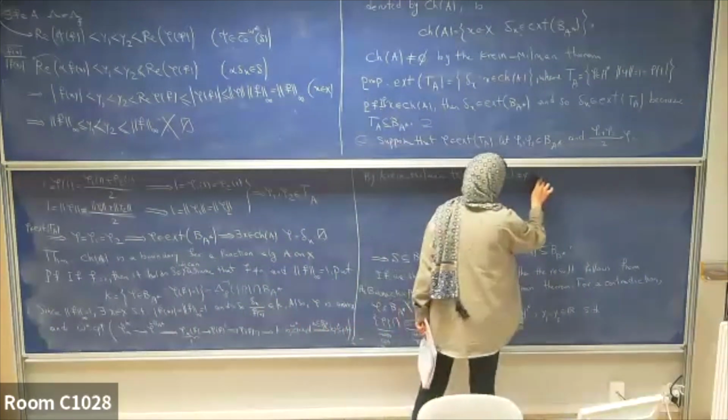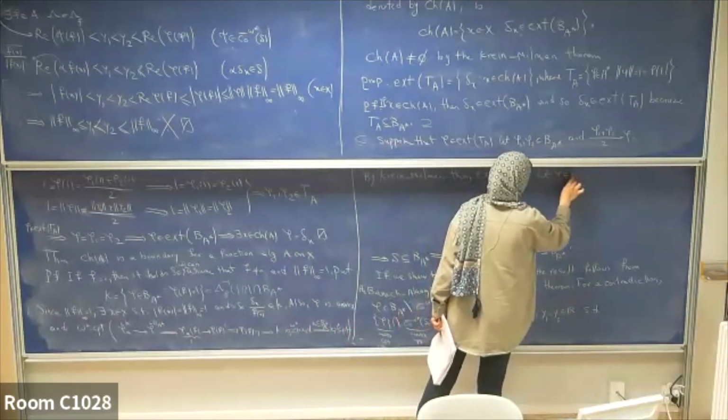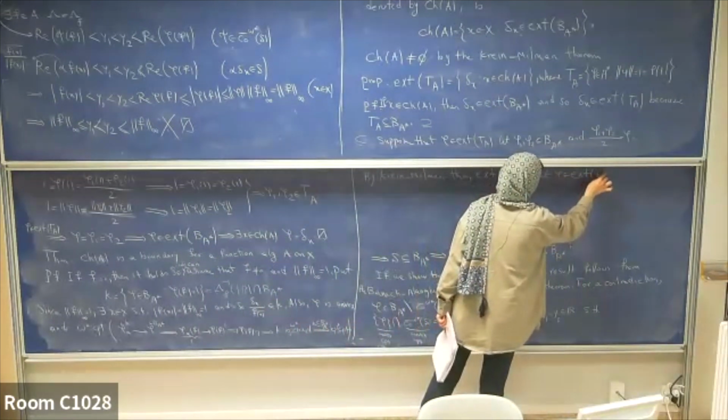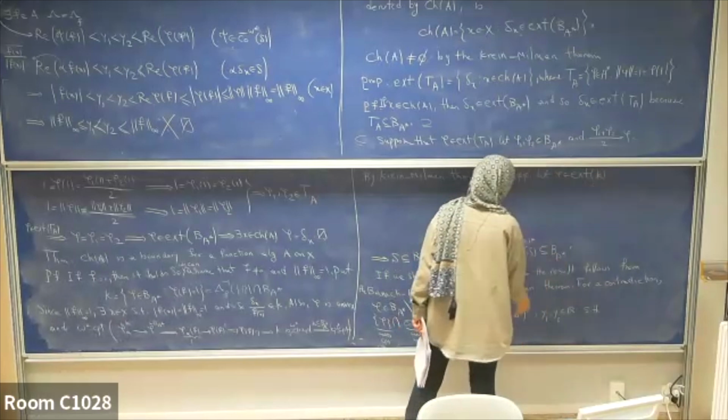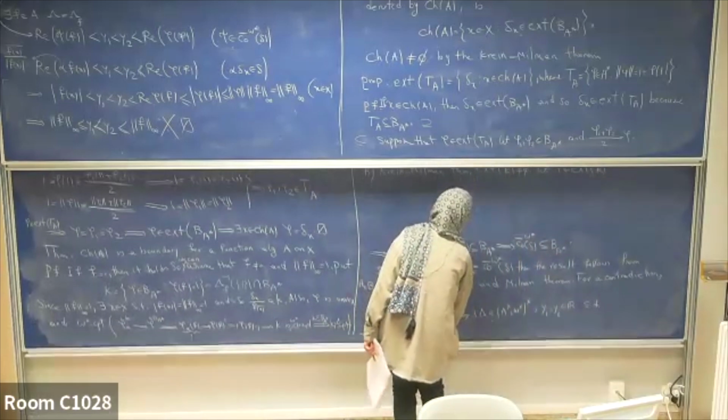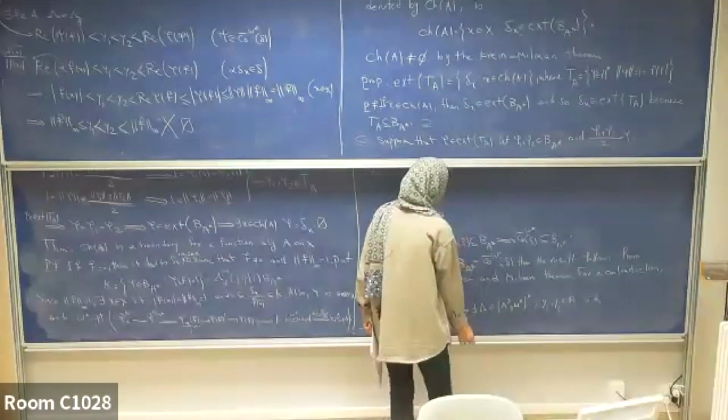For example, let phi be an extreme point of K. I want to show that this is actually an extreme point of the ball of A star, and so it would be like delta x in the Choquet boundary.